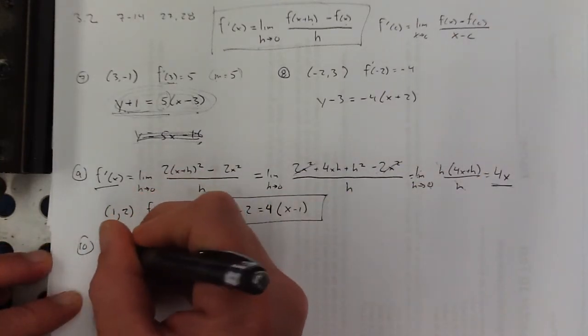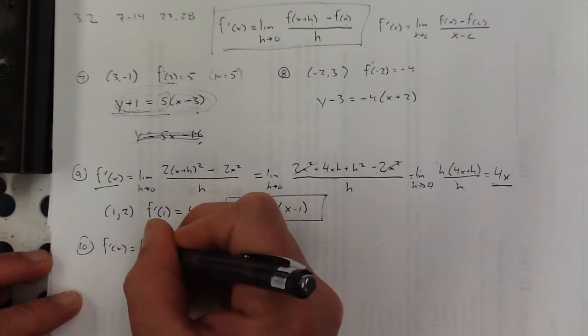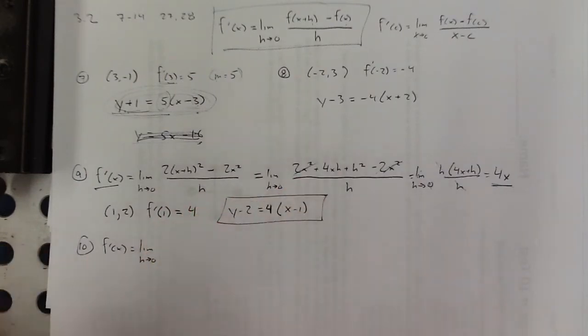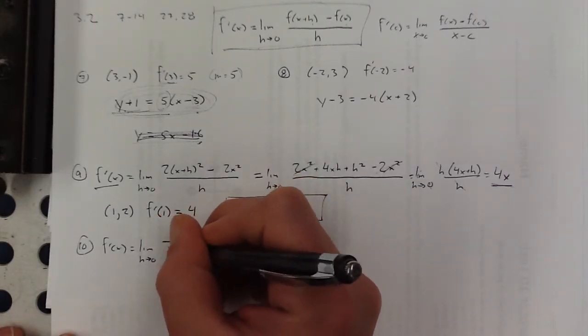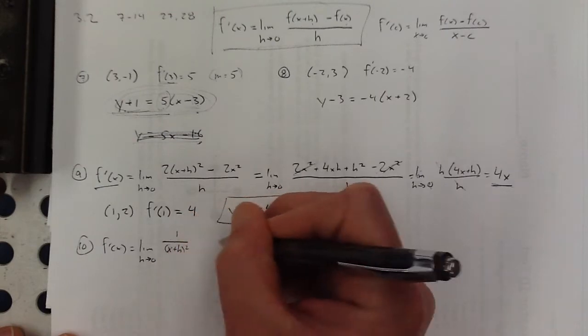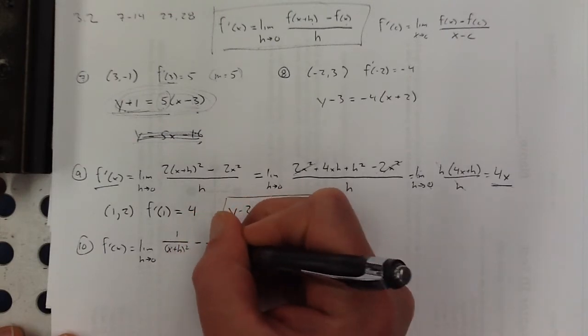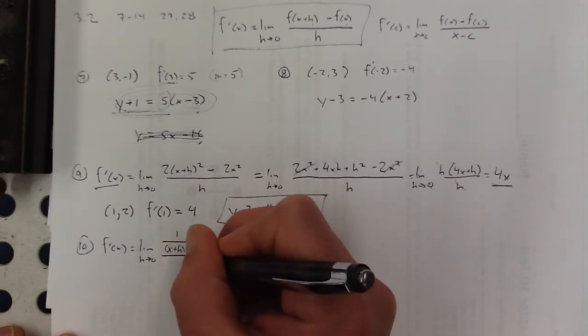All right. Cool. f prime of x is equal to the limit as h approaches 0. What do we got here in number 10? 1 over x squared. So that's going to be 1 over (x plus h) squared minus 1 over x squared, over h.